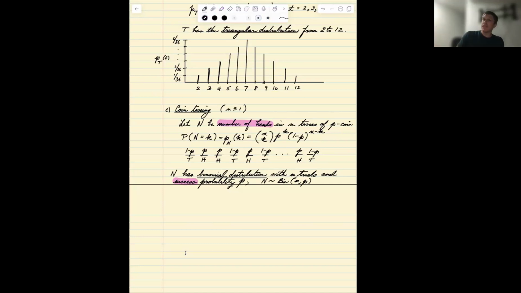So if we wanted to count the number of tails, then tails would be considered a success. The binomial distribution is how we count how many times a particular outcome occurs in some collection of trials. And the outcome that we're counting is what's called a success in this terminology.